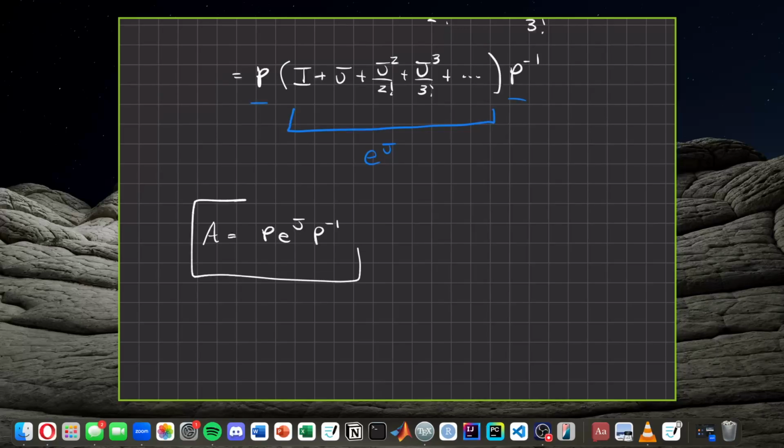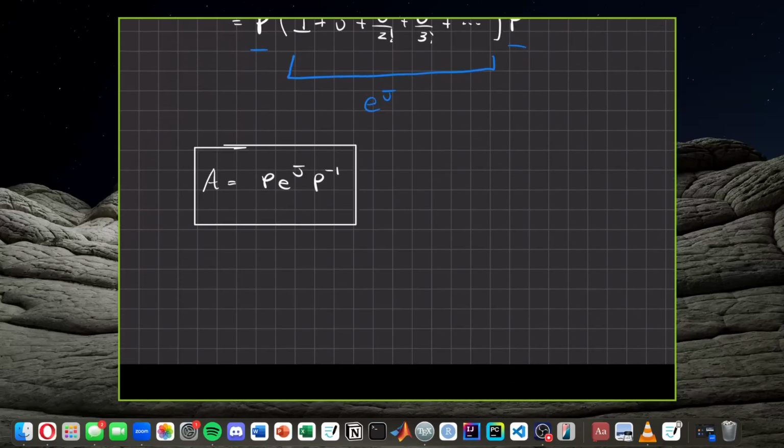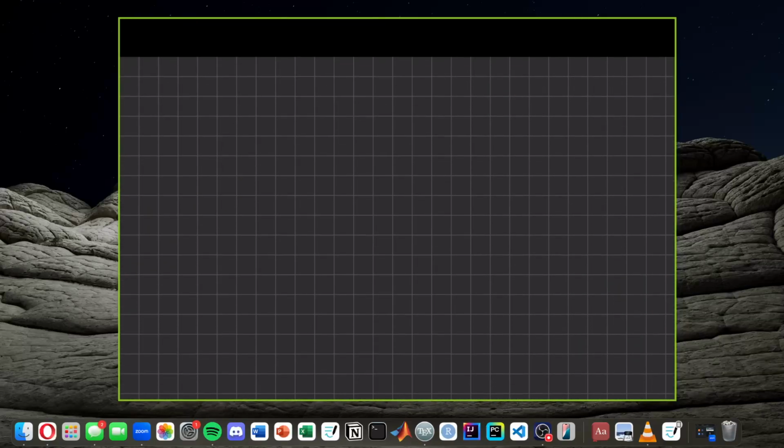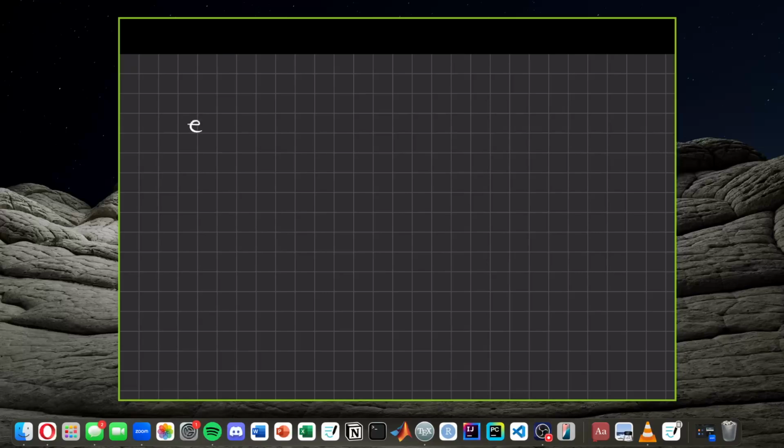Pretty cool, right? So essentially, if you haven't noticed so far, it seems like exponentiating A and exponentiating J are really just the same thing. And that will play a big part now. Just before we move on, I'll write up here what we just did, just to summarize. We look at e to the A, the sum of PJP inverse over K factorial.